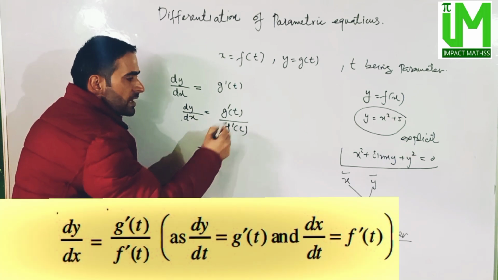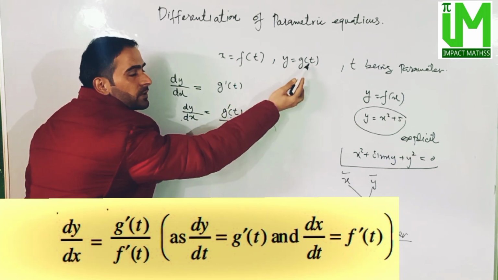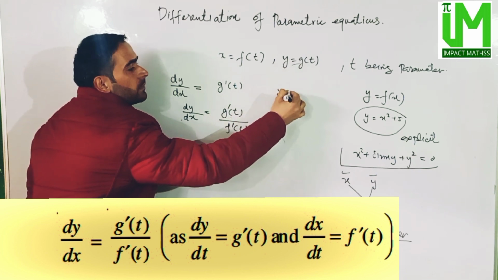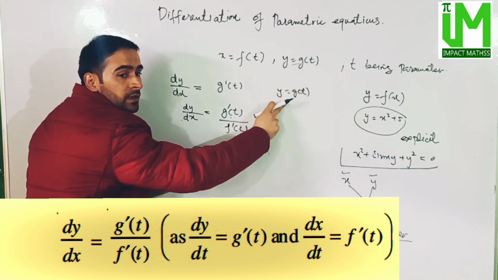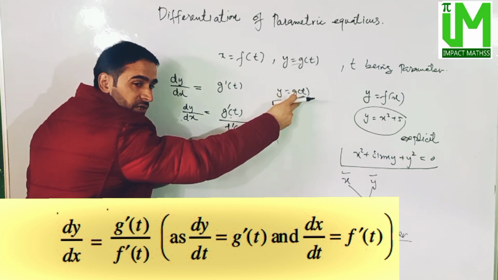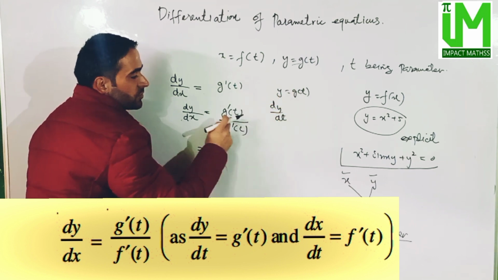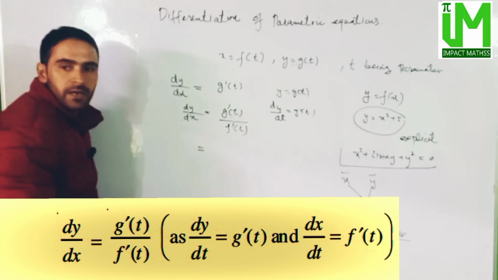Now what is g dash of t? g dash of t means the derivative of g of t with respect to t. Since y is equal to g of t, differentiating both sides with respect to t, which is independent, gives dy divided by dt. So g dash of t is equal to dy divided by dt.